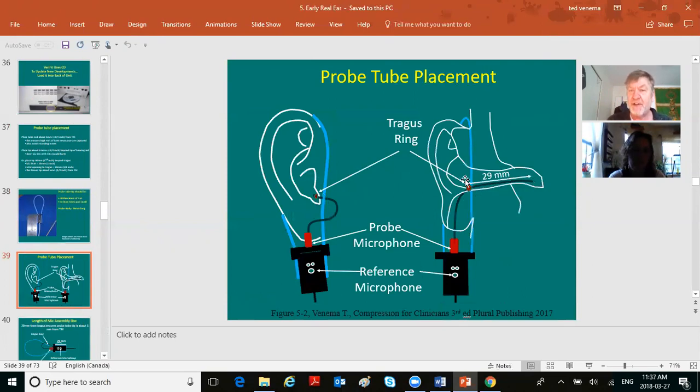So basically the length of the box was used to determine where to put that little ring. And that is on all real ear equipment.